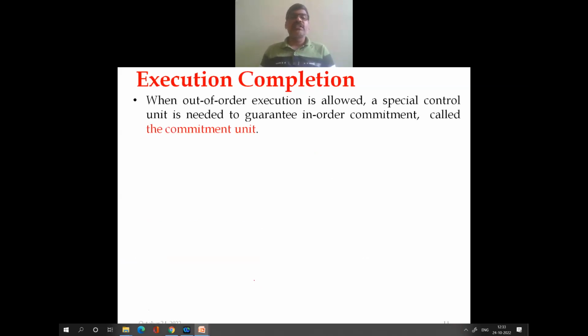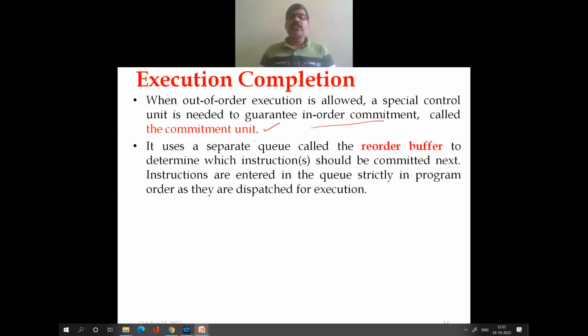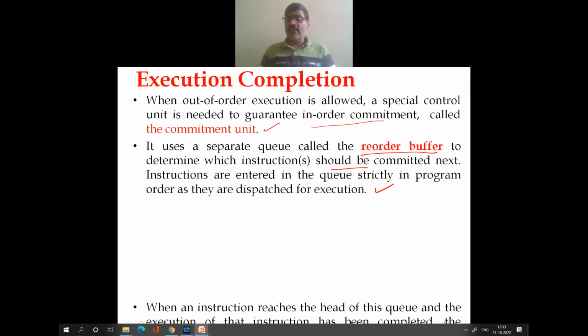When out of order execution is allowed, a special control unit is needed to guarantee in order commitment, called the commitment unit. It uses a separate queue, called the reorder buffer, to determine which instruction should be committed next. Instructions are entered into the queue strictly in program order as they are dispatched for execution.